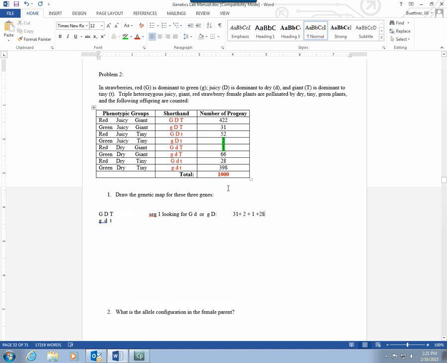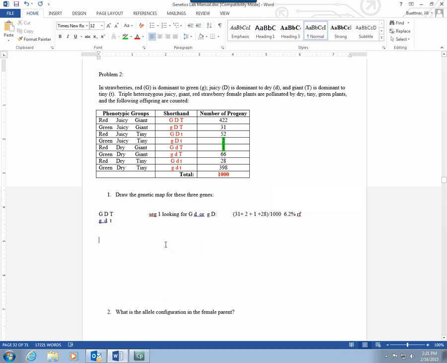So those are your 4 numbers. You do that divided by 1,000. I'm just going to do it like this. And you will get 6.2% recombination frequency. So that's for segment 1.